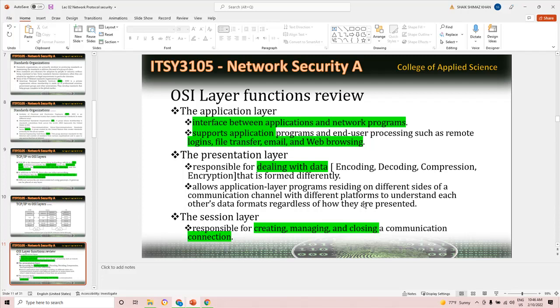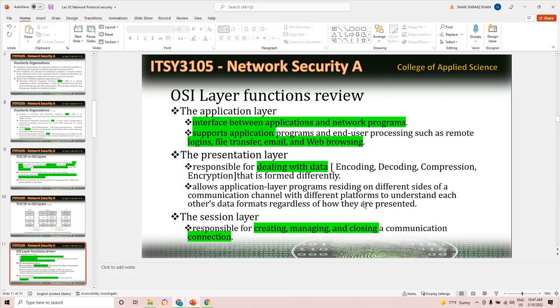So in the application layer, whatever protocol you are fitting into this layer, what functions it should have. The application layer is the interface between the application and the network program. Students, we are using many applications like a web browser. A web browser is an application, understand?